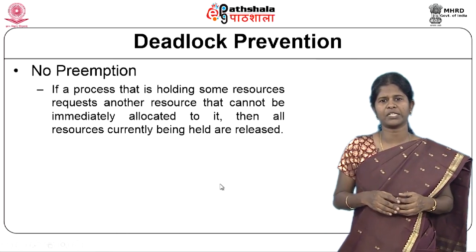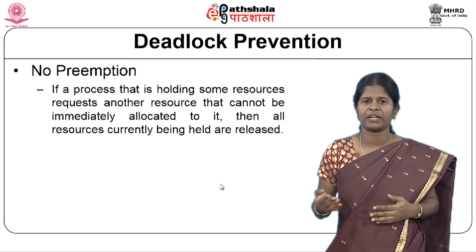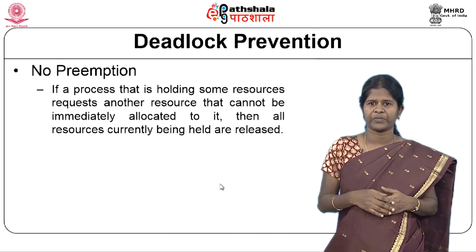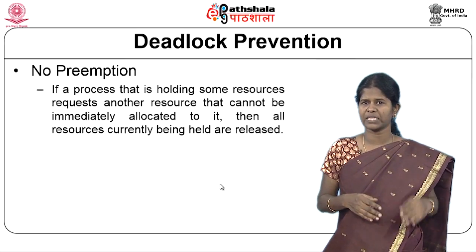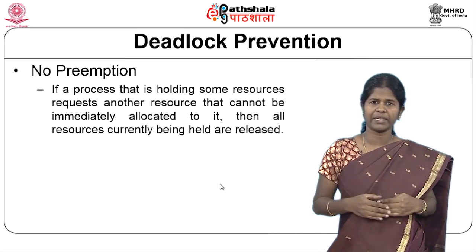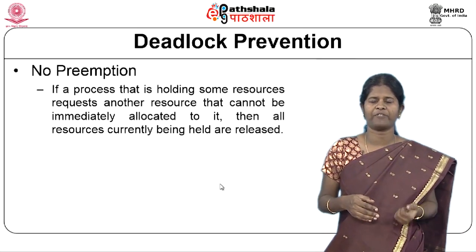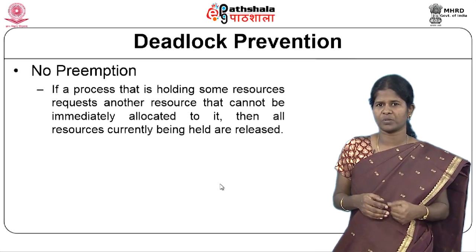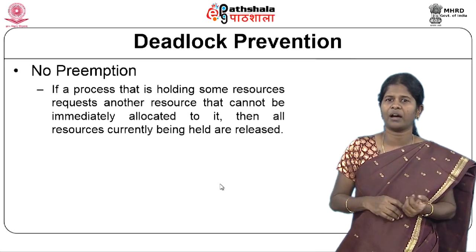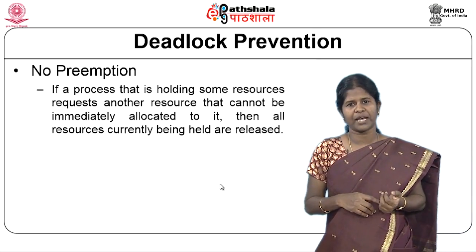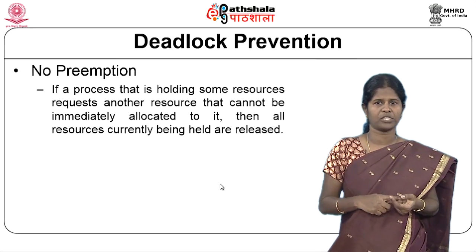If a process that is holding some resources requests another resource that cannot be immediately given to it, then whatever it is currently holding should also be released. So, in this case, the process by itself is preempting the resources it is holding. In the same example that you had seen earlier, say it has got the tape drive and the disk, and it wants the printer also to continue.